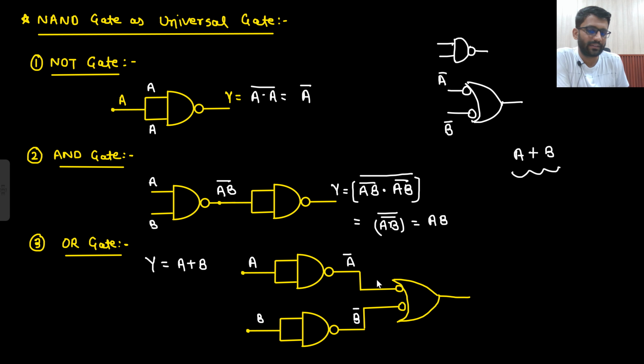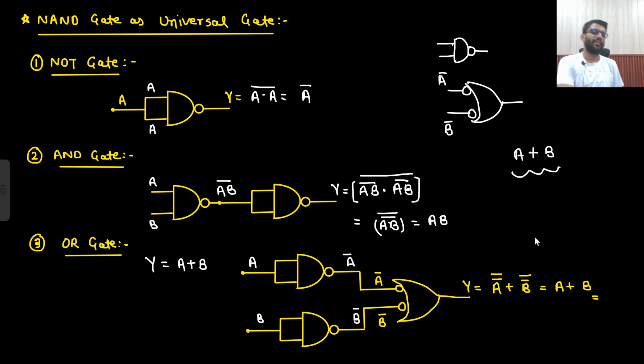This is A bar and this is B bar. So Y is equal to A bar bar plus B bar bar. It would be A plus B. And this is what you wanted. So this is a NAND gate only. Understanding this point? I hope you must have understood.